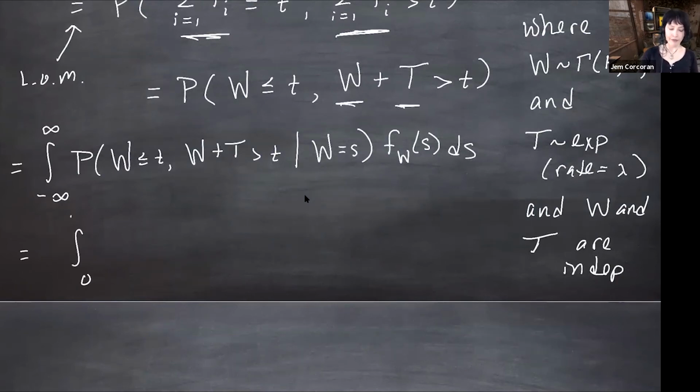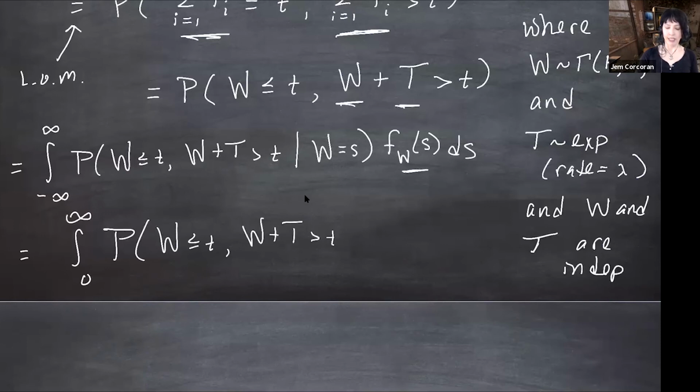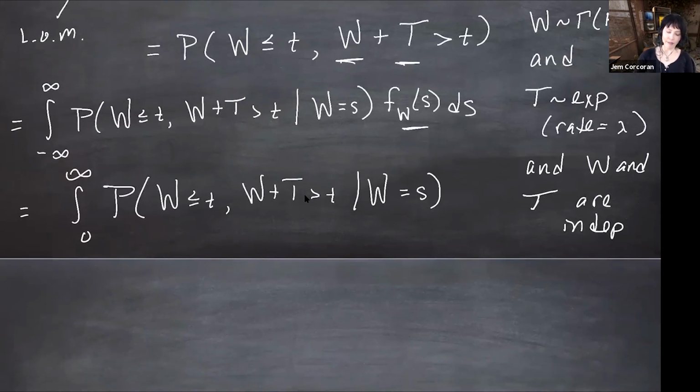This is 0 to infinity because this PDF is 0 when you plug in negative values of s. The probability that W is less than or equal to t, W plus T greater than little t. I was just going to write the PDF in, but maybe I should already start filling this stuff in. Because W is equal to s, so I haven't finished this line, then this is little s.